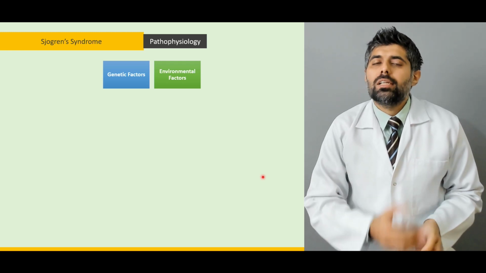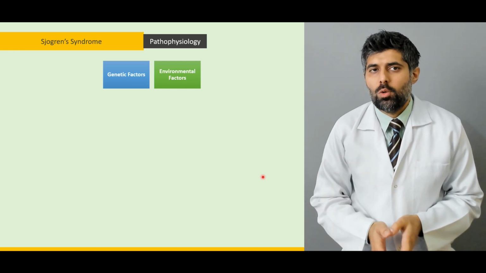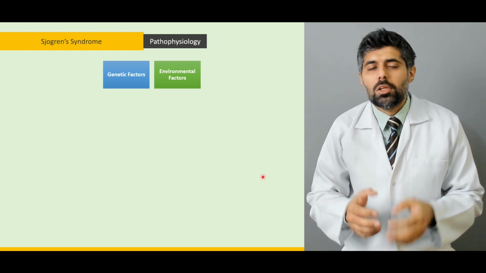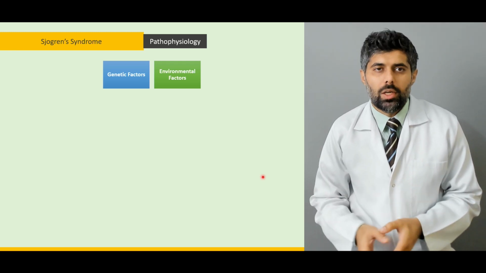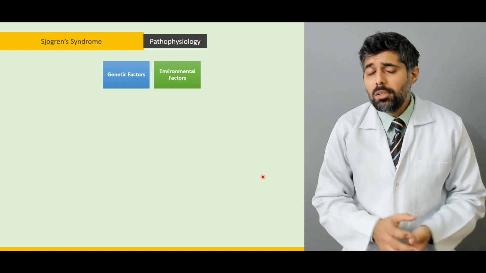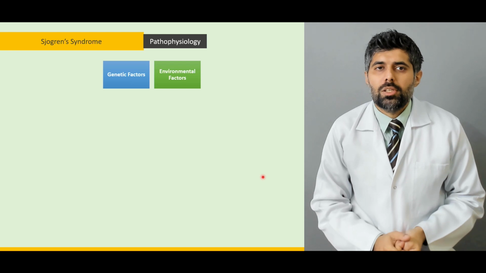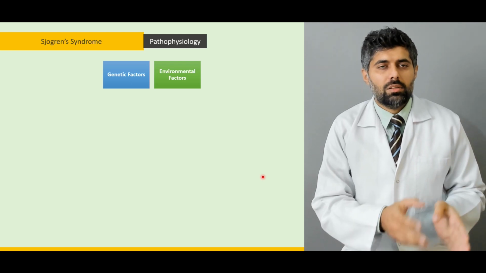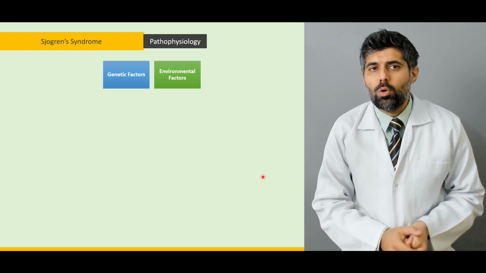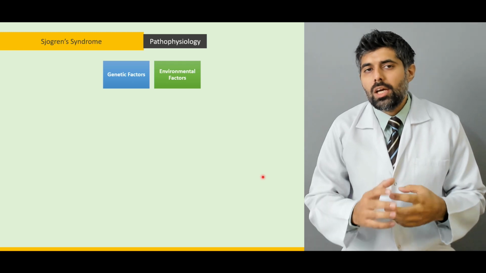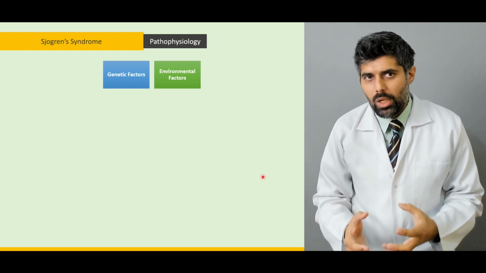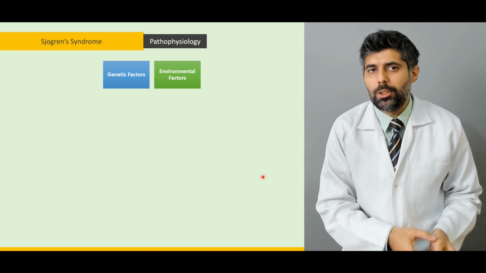In others, it is usually a 4:1 ratio, while in Sjogren syndrome, the ratio is 9:1. The other important thing is, as for the genetic factors, usually patients with HLA, that is either DR4 or DQ, are more susceptible to developing Sjogren syndrome.